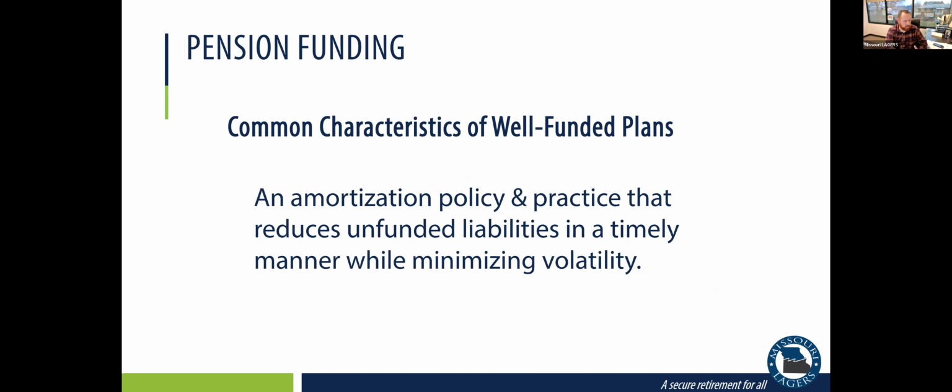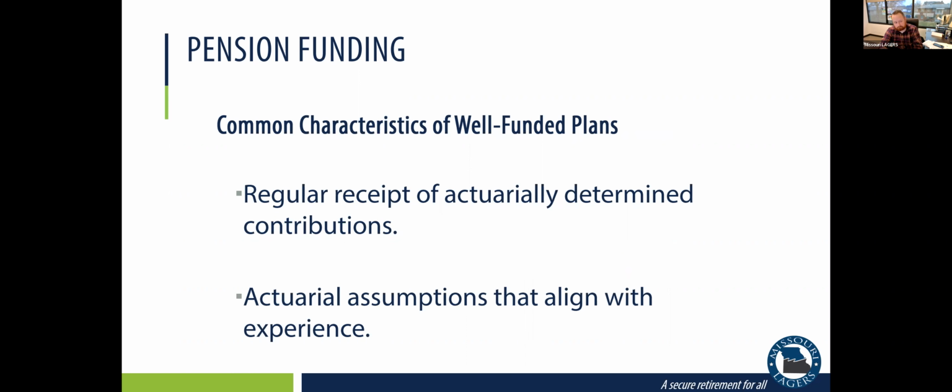The investment smoothing minimizes that volatility, as well as the amortization of liabilities being on a closed amortization, which means that, in a long-term approach, you will at some point have any of that unfunded liability paid off, assuming you don't have any odd changes or benefit enhancements and things like that that can occur. So that's one of the characteristics in play.